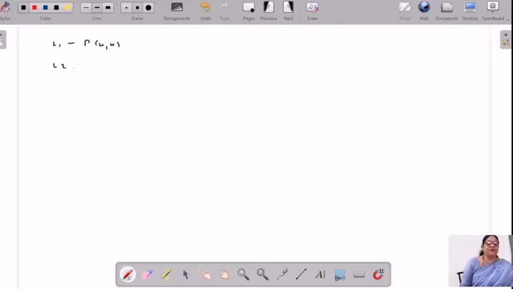Second line L2 is passing through the point 8 and 3.